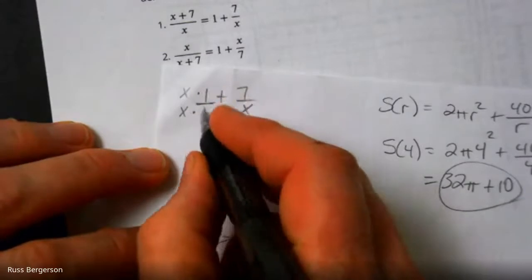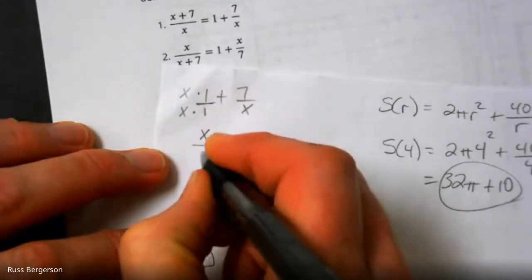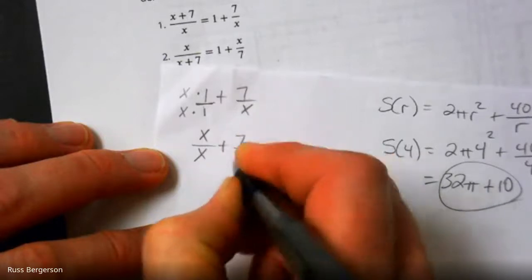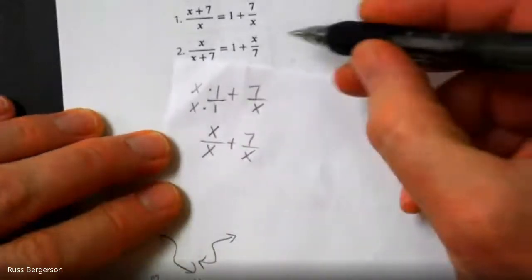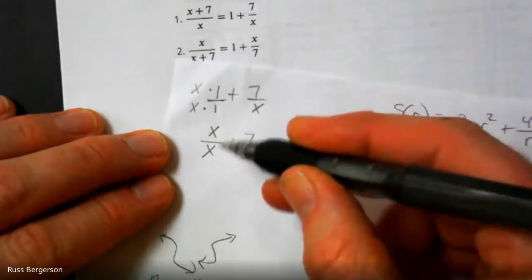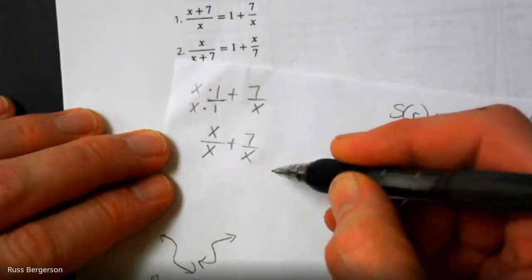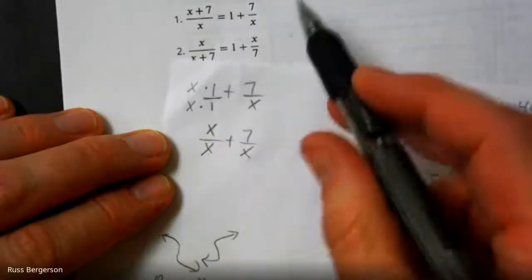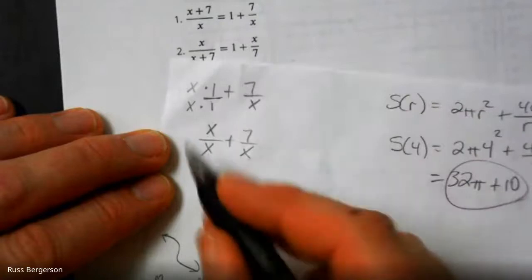So 1 over 1 now becomes x over x. Do you believe that 1 plus 7 over x is the same as x over x plus 7 over x, if the fact remains that x over x is in fact 1? So you agree that these are the same thing.